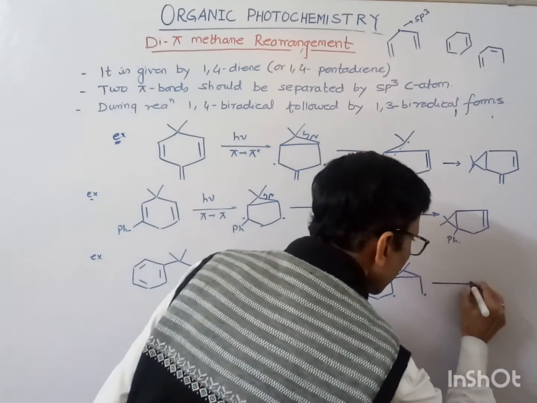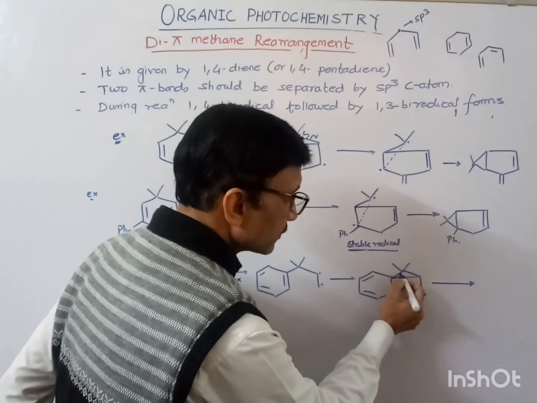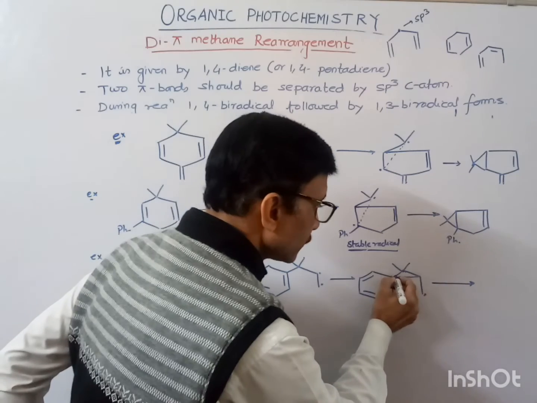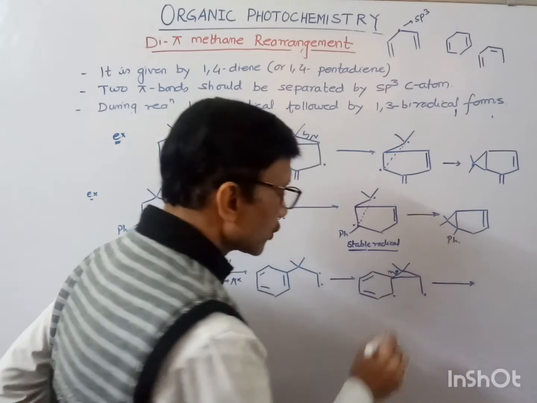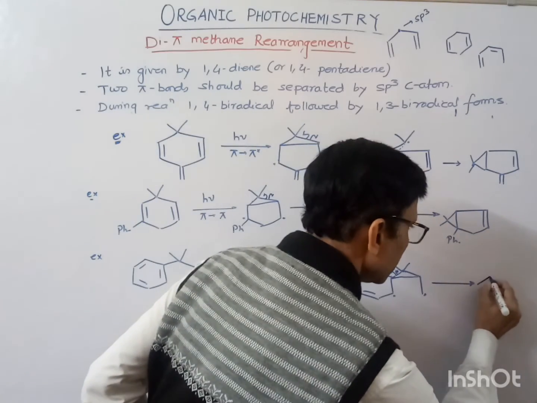Now again we have to see whether we should break this bond from this carbon, or this one breaks. If I break this one, then what will happen? The aromaticity of this ring would be regained.